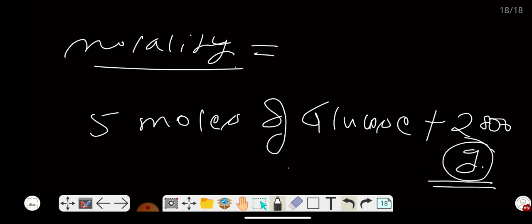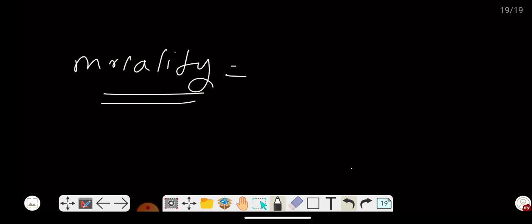Here it will be in grams. Now molality can be calculated as 5 moles of glucose divided by the mass of solvent in kg.